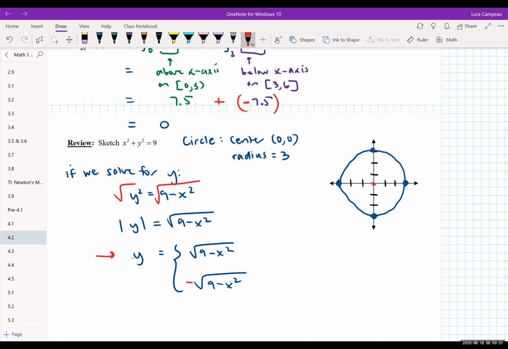So the positive case would be considered the top half of the circle, and you could see this put into play when you graph it in your TI. And then the negative square root of 9 minus x squared, that would be the bottom half. I know we've played with these before, but it's a nice review to help us out. I'll use this opportunity to make the circle a little prettier if I can.